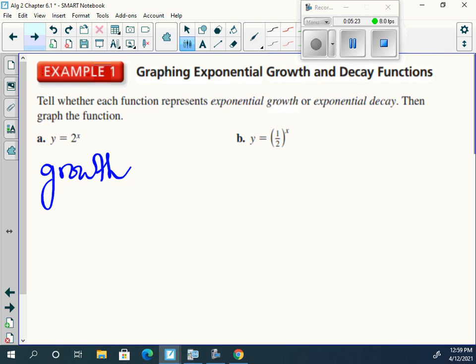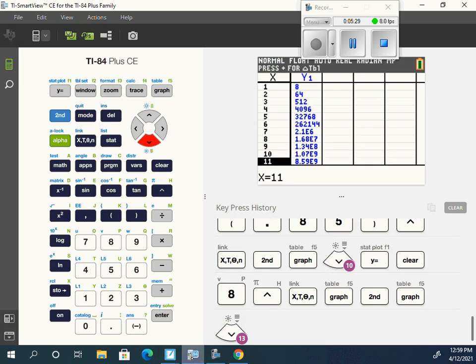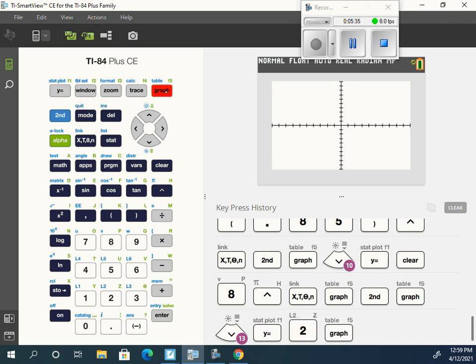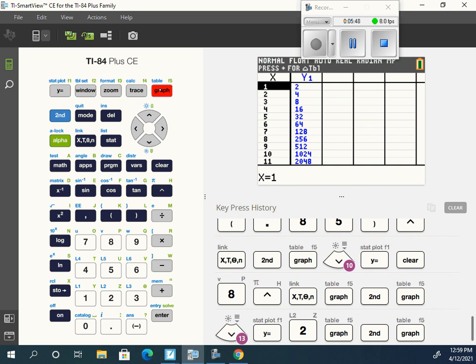Now if we were to graph it, we can plug points in to try to graph it, or I can come over here and do y equals 2 to the x and hit graph, and it'll graph it out. On the homework, it is going to ask you to pick the correct graph.